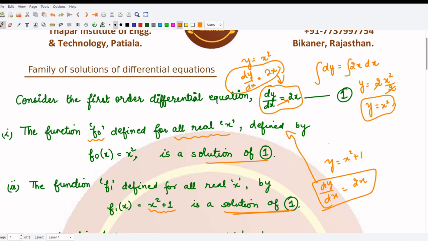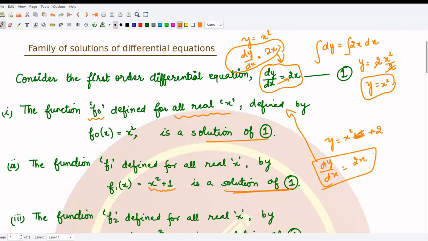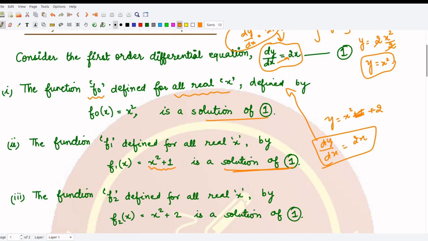In a similar manner, if instead of 1 we take the value 2, we also have this to be a solution, correct? So that means this constant here does not play a significant role. Even if it is present or not present, it does not make any difference, because we know the derivative of a constant is 0.